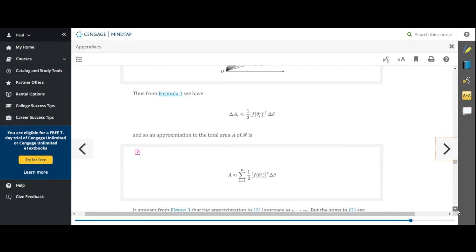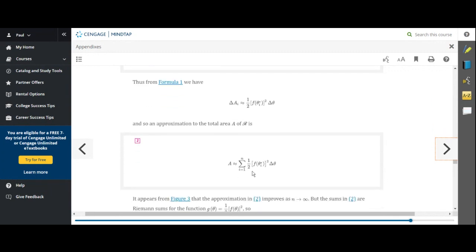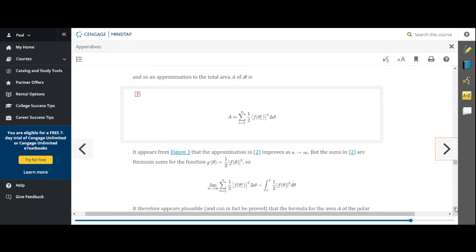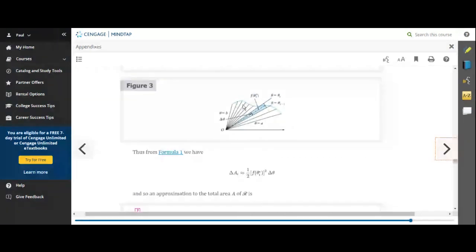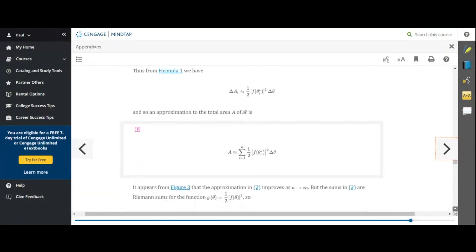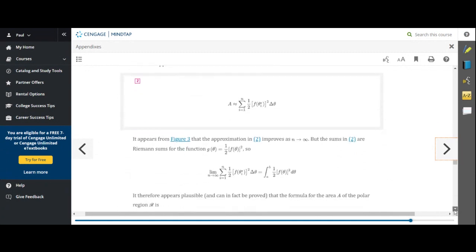So therefore, an approximation of the total area is going to be the Riemann sum, where i equals 1 to n, of 1/2 f of theta i squared delta theta. And of course, as you take the limit as n goes to infinity, in other words, if you take more and more sectors underneath the polar graph, your approximation is going to get better and better.